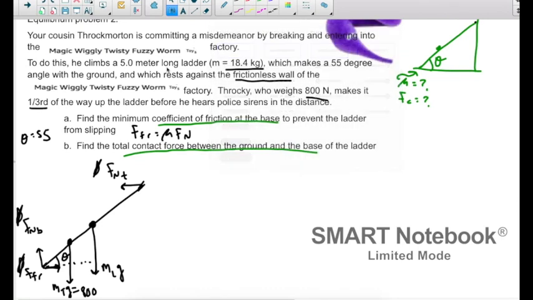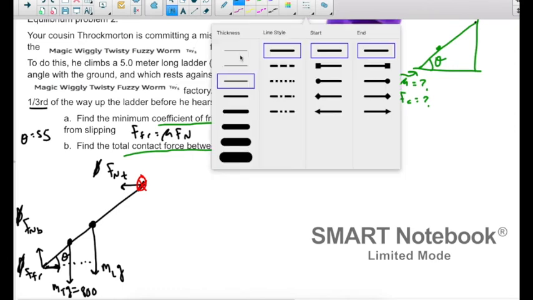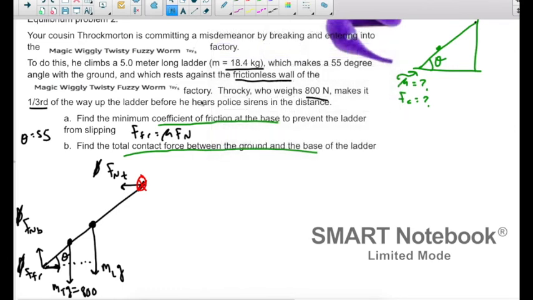In order to do that, I'm going to put my axis of rotation right here, in which case there is no torque from this normal force, and so I don't have to write it in my expression. Does that make sense? This is one strategy that's going to help simplify these problems for you, is to wisely choose your axis of rotation to scale down and eliminate the number of unknown variables you have.